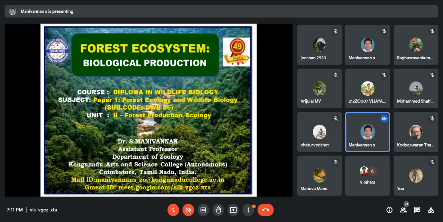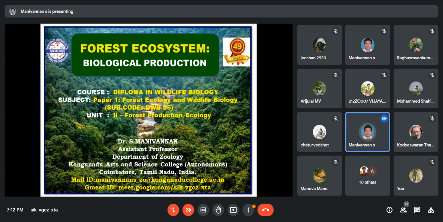Biological production contains three subtopics: primary production, secondary production, and production efficiency of the forest ecosystem. Okay, clear?